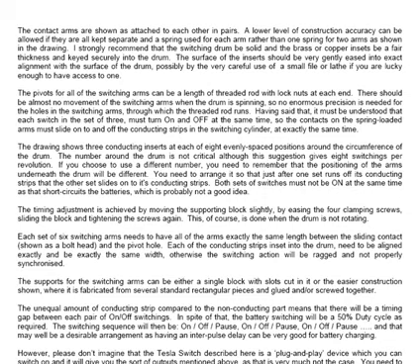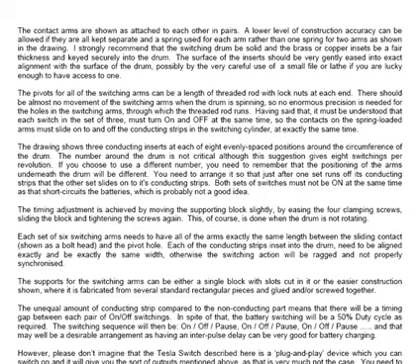The supports for the switching arms can be either a single block with slots cut in it, or the easier construction shown, where it is fabricated from several standard rectangular pieces and glued or screwed together. The unequal amount of conducting strip compared to the non-conducting part means that there will be a timing gap between each pair of on-off switchings.